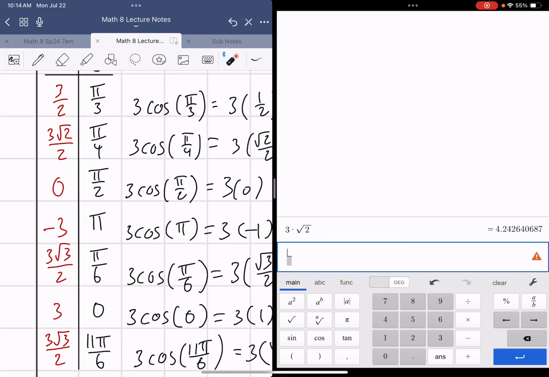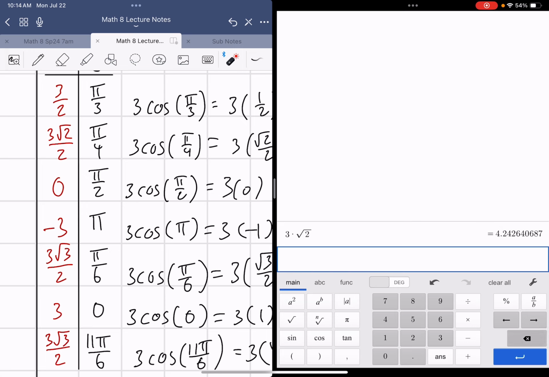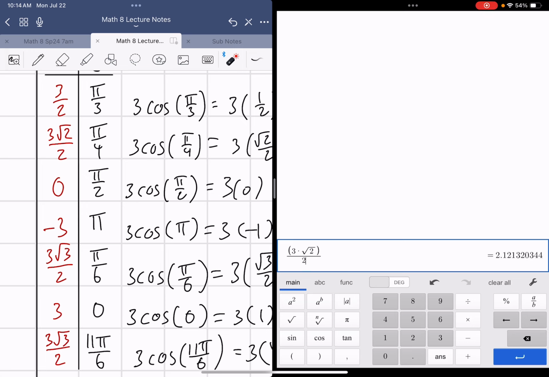I don't know if it lets me choose the previous number. Okay, just kidding. I'm going to put this in parentheses instead, so then I can put divided by 2, and we get 2.12. So this is approximately 2.12.